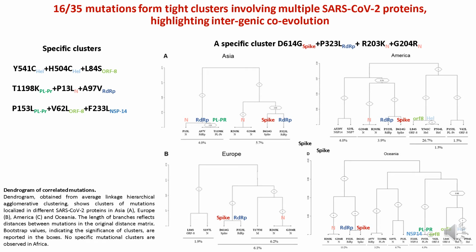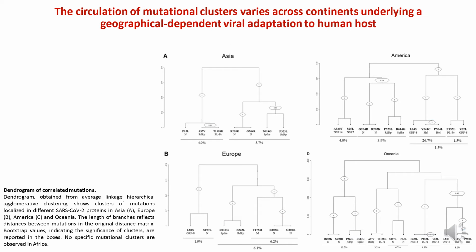Among the previously mentioned 35 SARS-CoV-2 mutations, 16 mutations were significantly associated with each other, thus forming tight clusters of mutations. To note, these clusters are composed of mutations localized in multiple SARS-CoV-2 proteins, highlighting a process of intragenic coevolution.